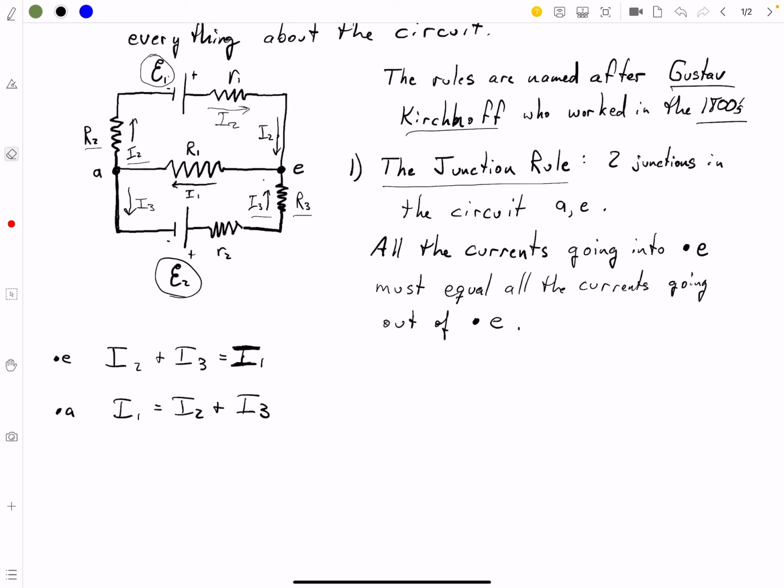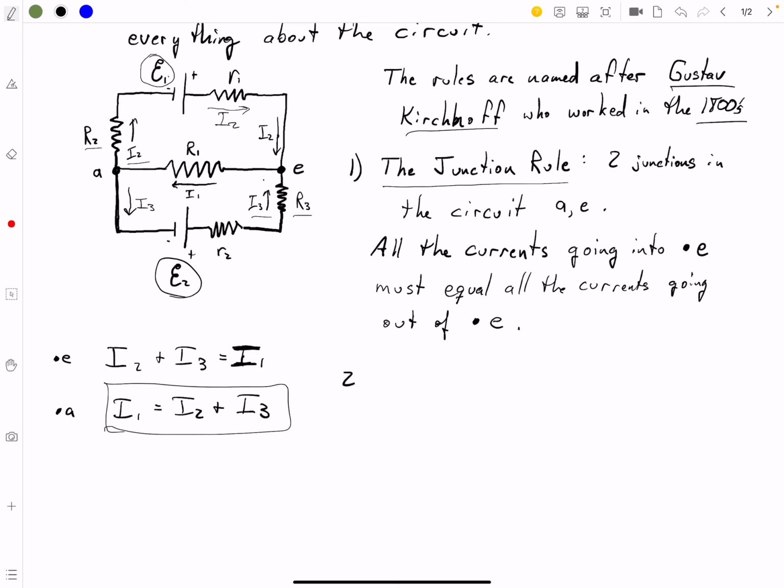They both give us the same equation. It's because it's a simple circuit. There are circuits out there that are quite complicated where the junction rule really helps. But we are left with one equation from the junction rule regarding this circuit.